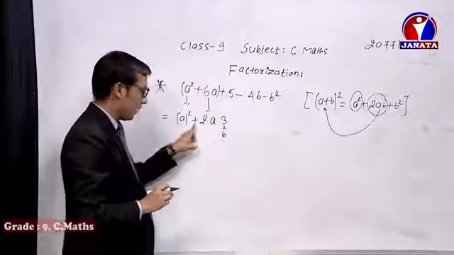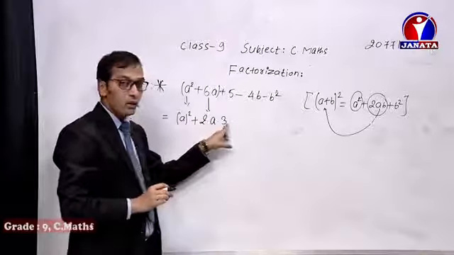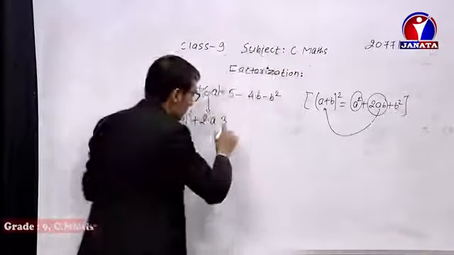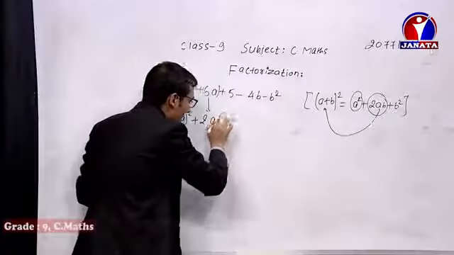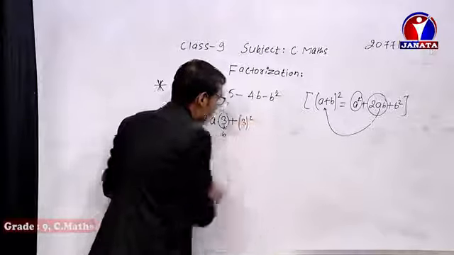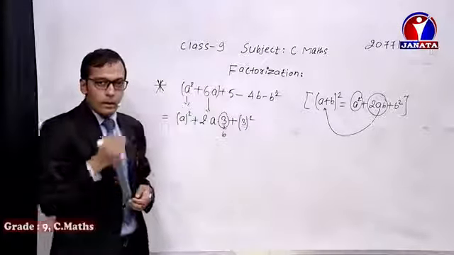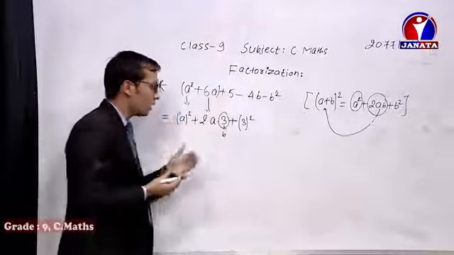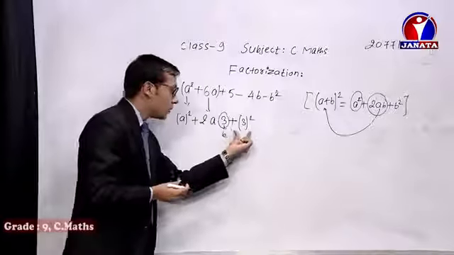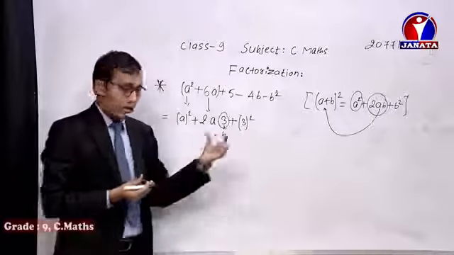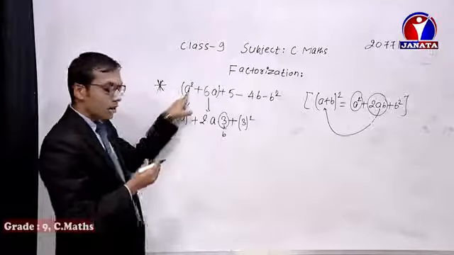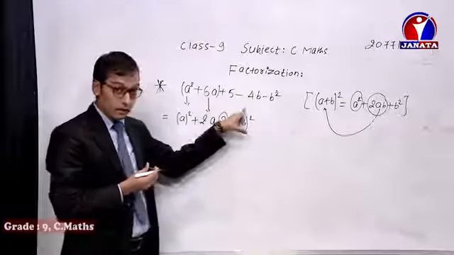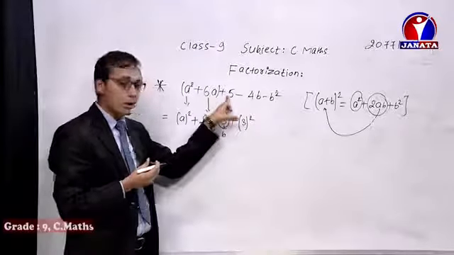a square plus 2ab plus, what is the next term in the expanded form? b square. So what is b? 3. So 3 square. Again, let's see the original expression and just identify which term is extra in the first step of our factorization. a square is in the original polynomial, 6a is here, but 3 square, which is 9, is not in the original expression.